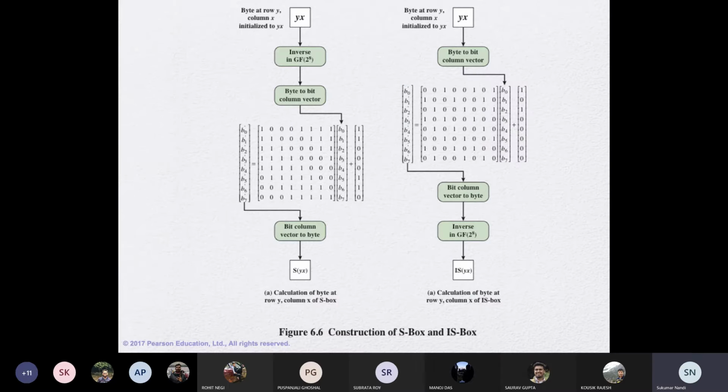Intention is to get non-linearity, no fixed point, no opposite fixed point, and that leads to the substitution. We remember this matrix or the formula that is used. You can change it, no problem, and you can also change the constant term. It is original, it was given, and it is continuing.